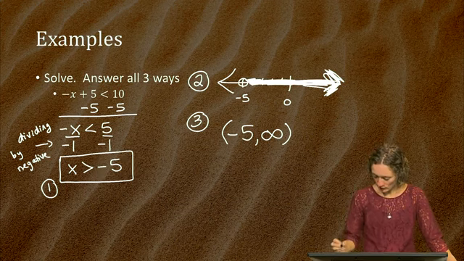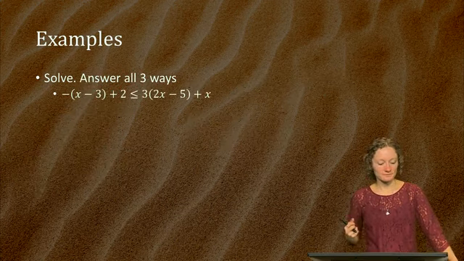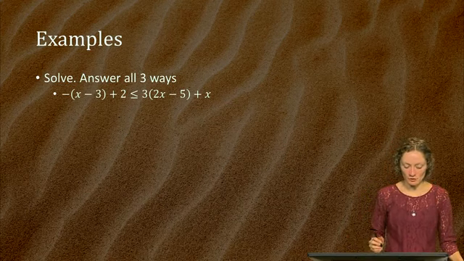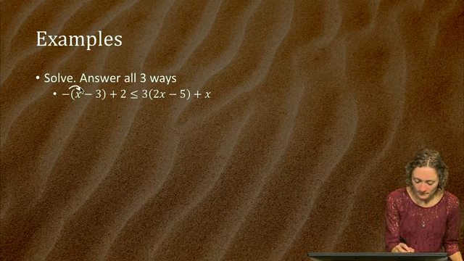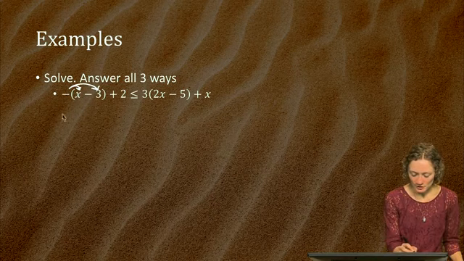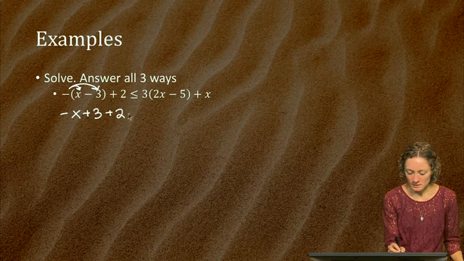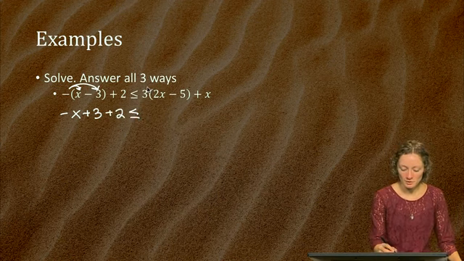Okay, I think I have one more. Good. All right, same thing, solve, answer all three ways. And then there'll be some practice problems. First step, distribute. Distribute the negative, so we have negative x plus 3 plus 2 less than or equal to.